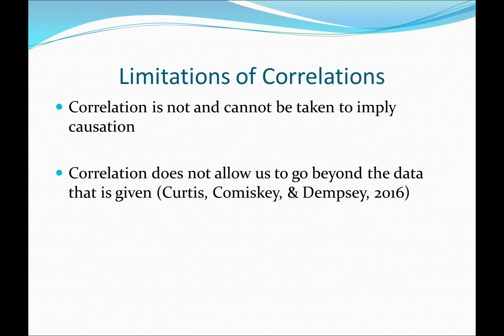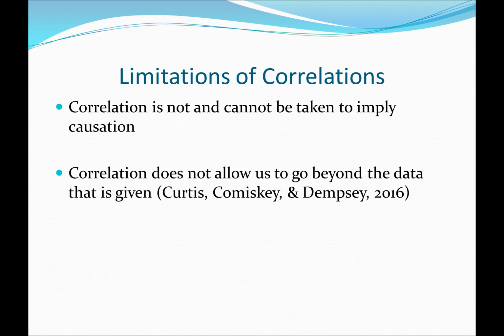So what are the limitations of correlational study? Well, a correlational study cannot be taken to imply causation. Even if there is a very strong association between two variables, we cannot assume that one causes the other.